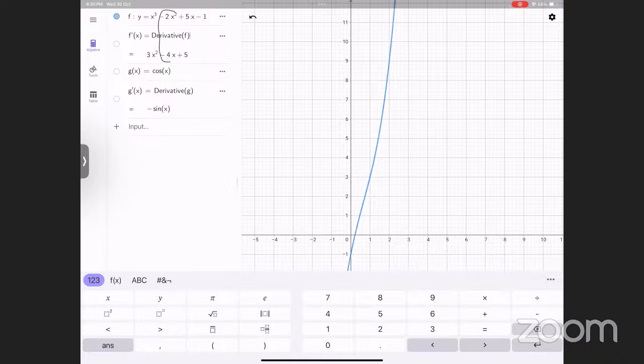Hey, you and GeoGebra are in agreement, correct? Good, and so hopefully everybody else.